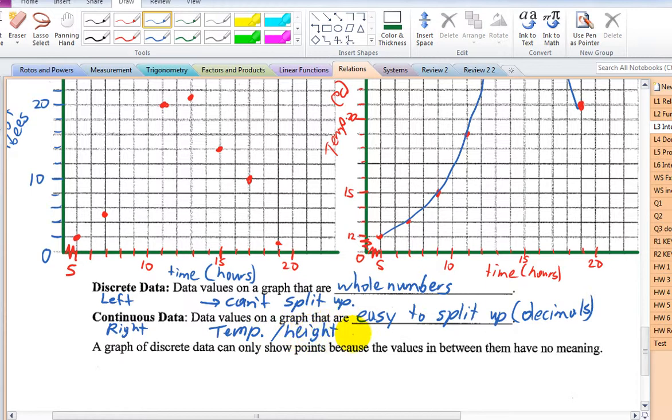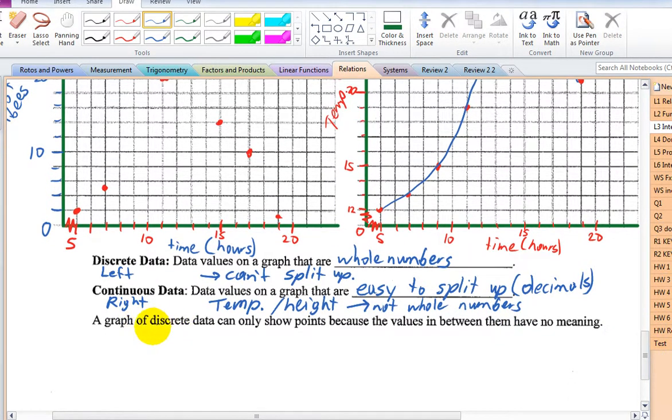Right? They are not whole numbers. Those are only examples of continuous data. And when you graph discrete data, you only show the points. That's because the values in between have no meaning.